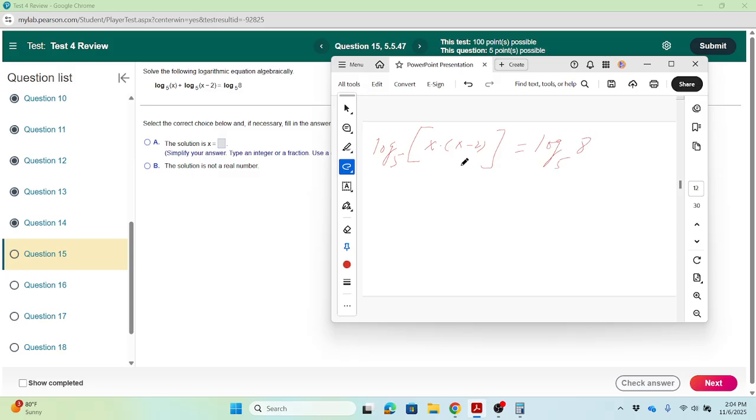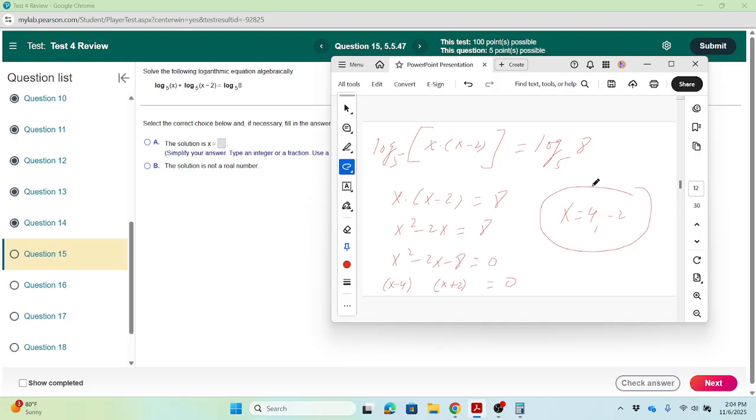Because of the same log with the same base, we can say x times x minus 2 is equal to 8, and we can just distribute. x squared minus 2x minus 8 equals 0, and if we try to find the factors, negative 4 times positive 2 is negative 8, and negative 4 plus 2 is negative 2. So x equal positive 4 and negative 2.